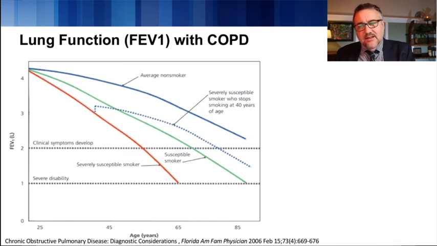And in fact, the lungs are overbuilt by about a factor of 2, where you can lose half of your lung function and still function normally. But once you start getting down to that dotted line that goes across, then things start to change. Then you don't have any more runway, and people start to develop symptoms.